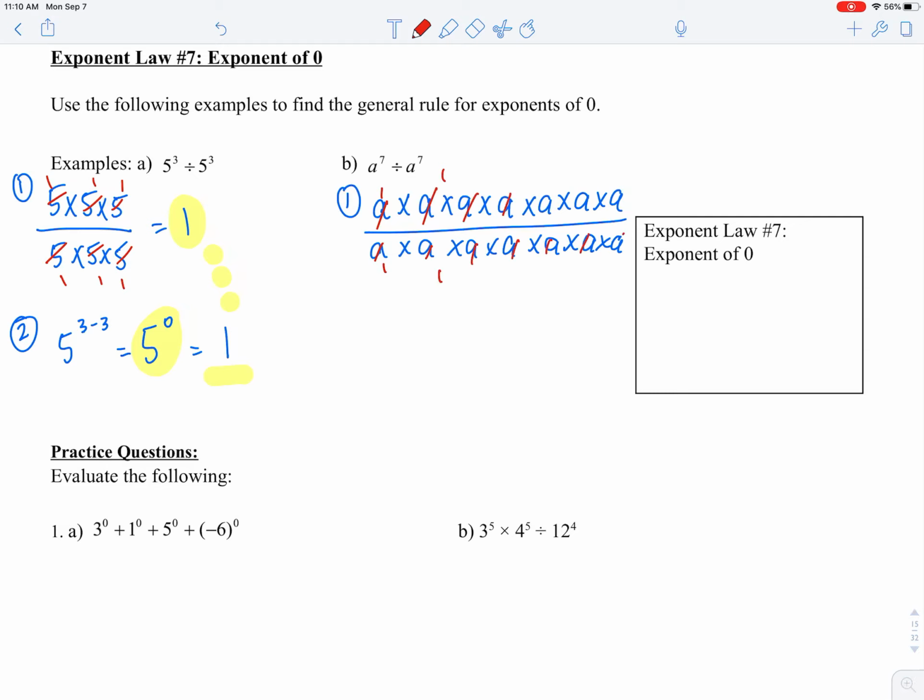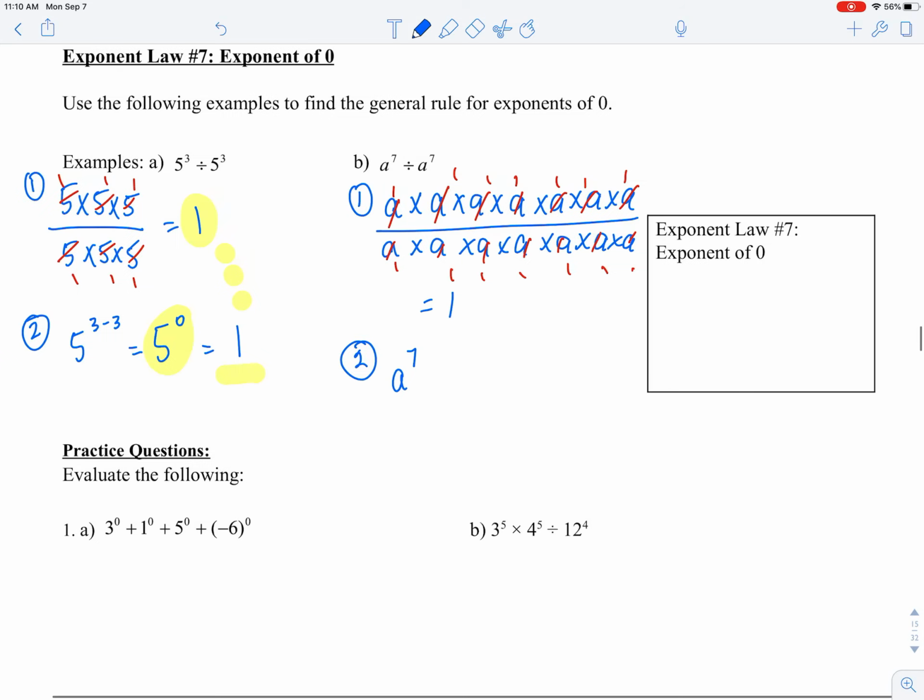They're all going to cancel into each other, and we're going to be left with ones, and this whole thing is going to equal 1. Whereas if we followed exponent rules, we'd have A dividing, bases match, so subtract the exponents, A to the 0. But since this is the same thing, A to the 0 must equal 1.